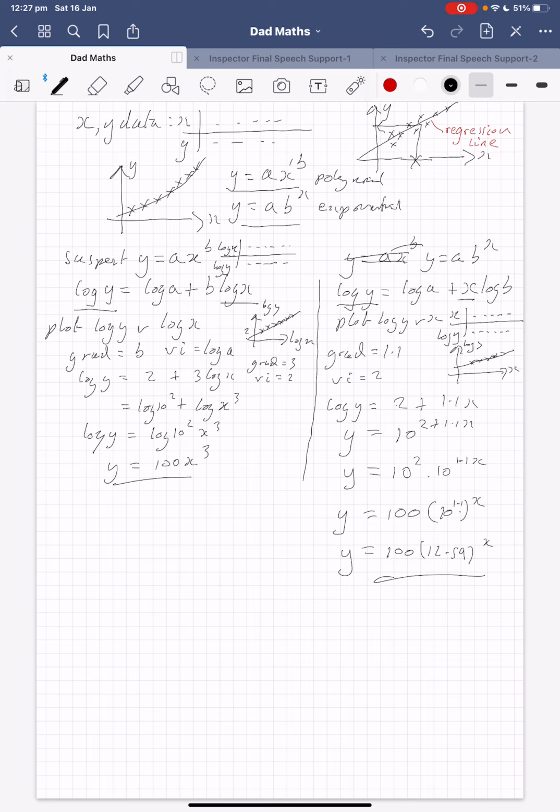In both cases, you take logs of both sides, and you plot either log of y against log of x, or log of y against x. Then you work out the gradient and the vertical intercept, and from those you can work out what the original coefficients a and b are. That's it.